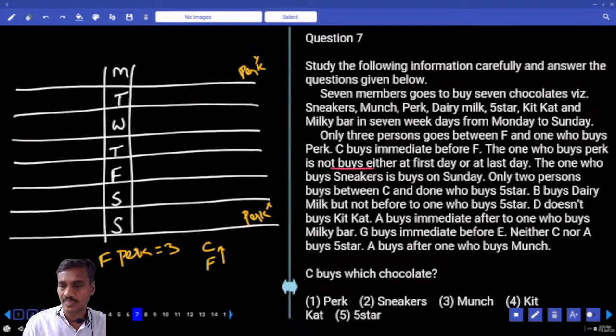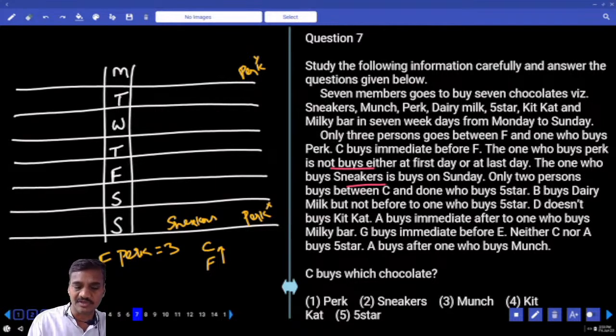The next one, and the one who buys Sneakers bought on Sunday. Now Sneakers is here. Then between F and Perk there must be exactly 1 person, isn't it?